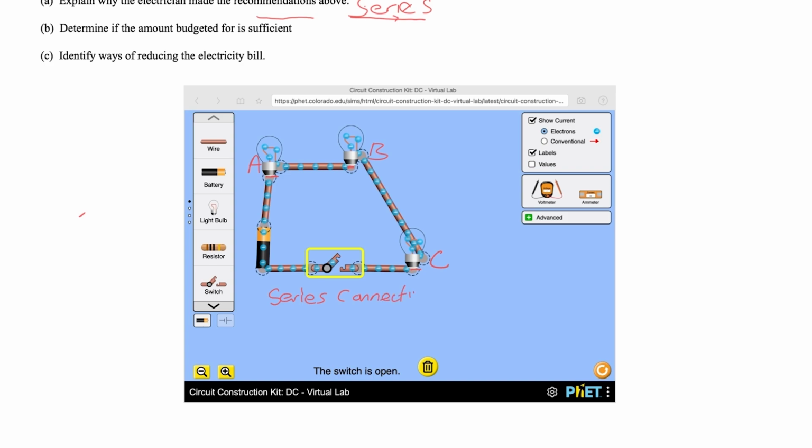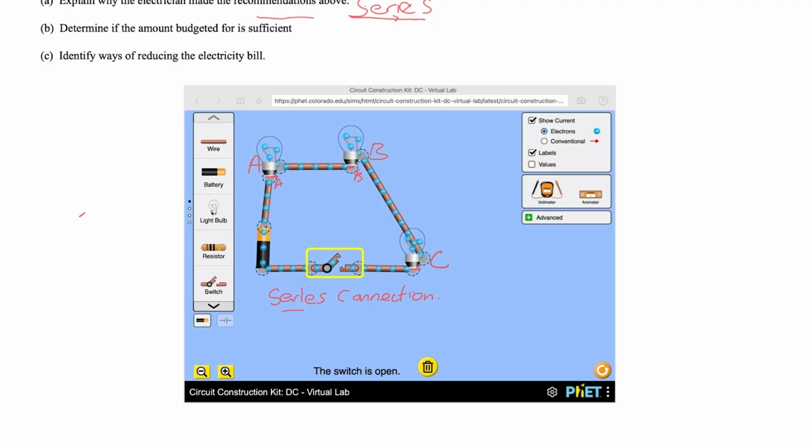Under a series connection, we have current that is not divided. We don't have division of current. The current that flows in bulb A is the same current that flows in bulb B, and the same current that flows in bulb C.